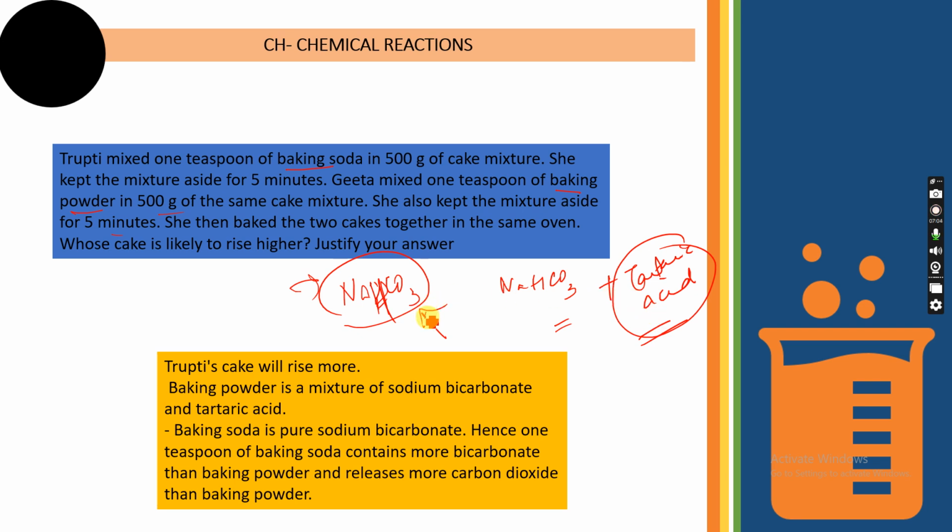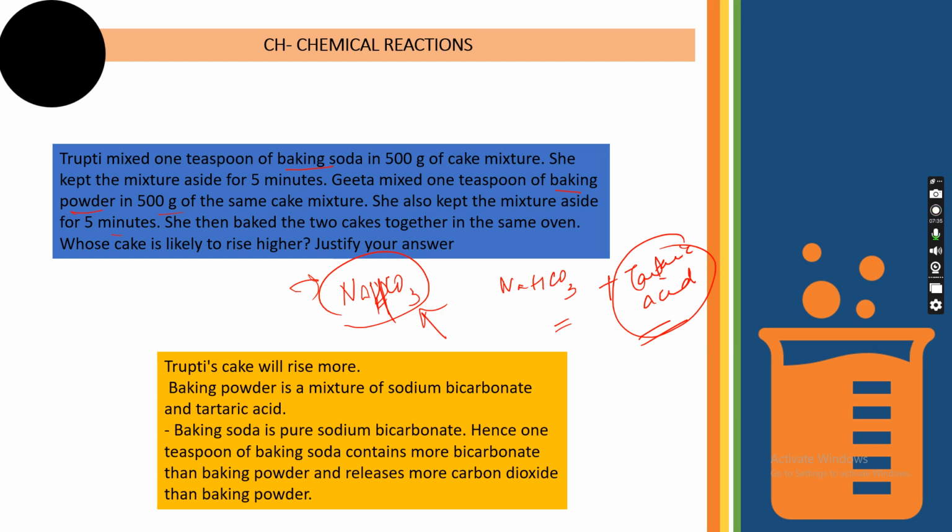So if she takes baking soda, her cake will rise higher. Whereas in Geeta's case, the rising of the cake will be slower, or it will be less compared to Trupti's one. But one thing is there, Trupti's cake will be bitter. Okay, because Geeta's cake is edible. That's the difference. One more question comes related to it. The bitter one is always with baking soda, because it doesn't contain tartaric acid.